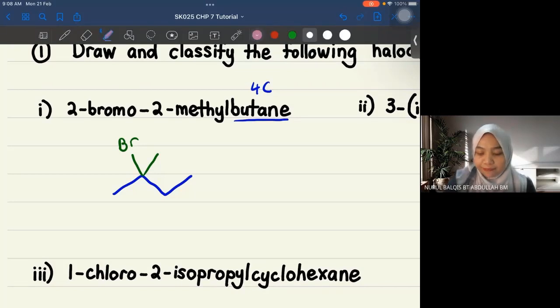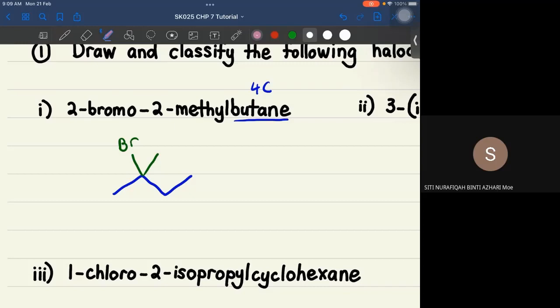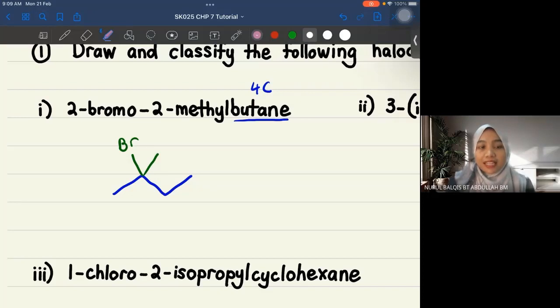Apa kelas dia? Macam mana kita nak tengok dia punya class of haloalkane? Depends on how many carbons are directly attached to the carbon bearing the halogen. Kita ada this carbon bearing the bromine. Let's look at how many carbons are attached to it. 1, 2, and 3.